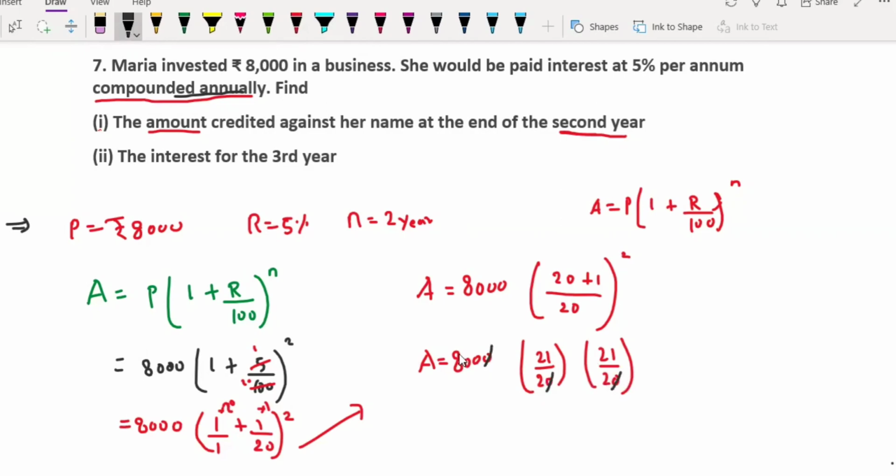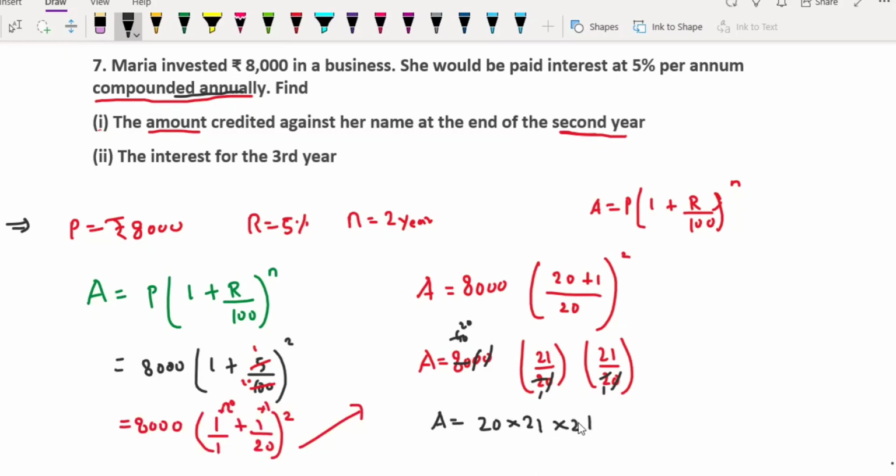One more 0 also gets cancelled. Now 2 fours are 8, and one more 2 is remaining, so 2 twos are 4, and the 20s cancel. So amount is equal to 20 into 21 into 21.